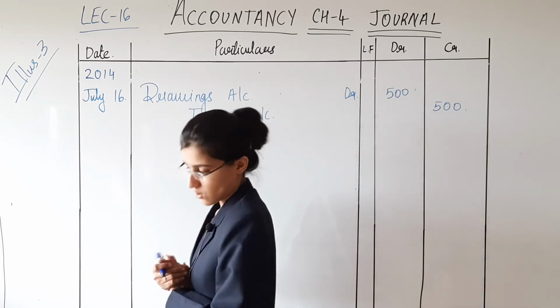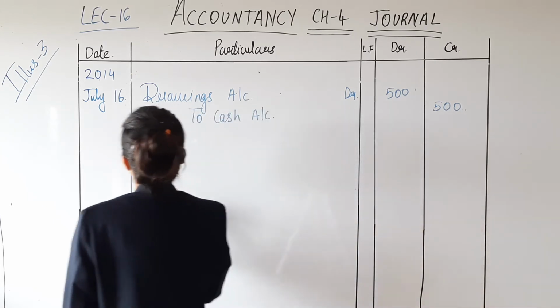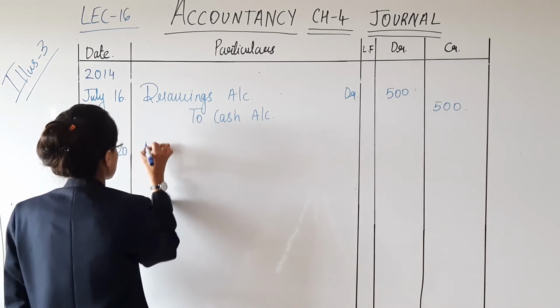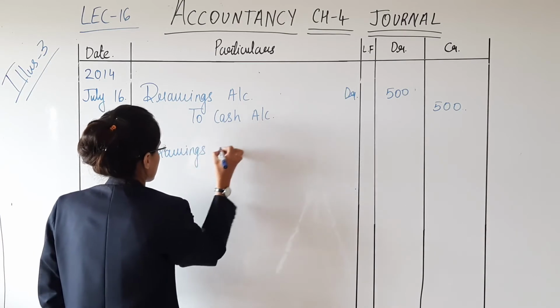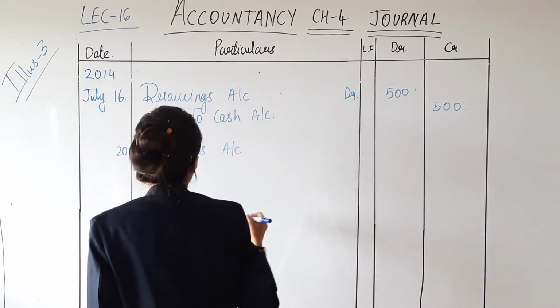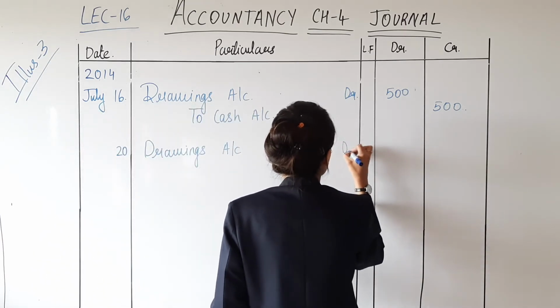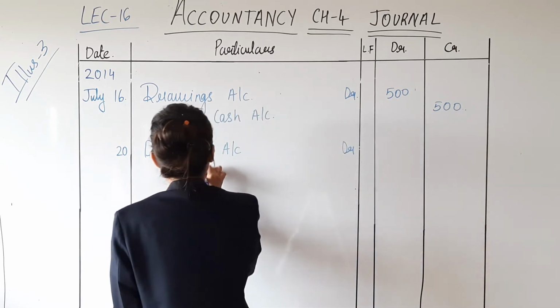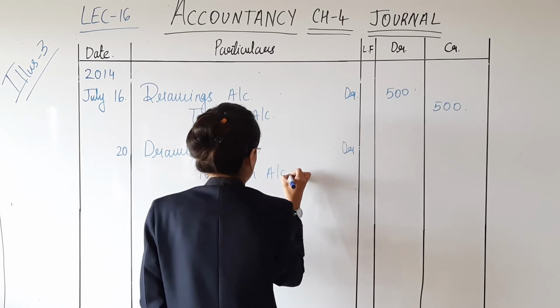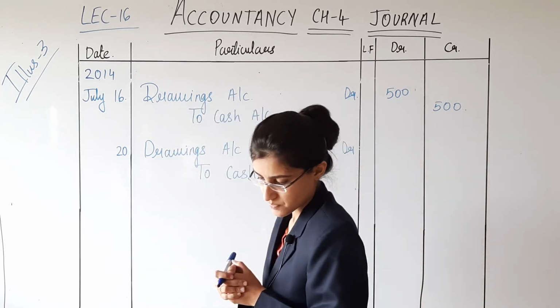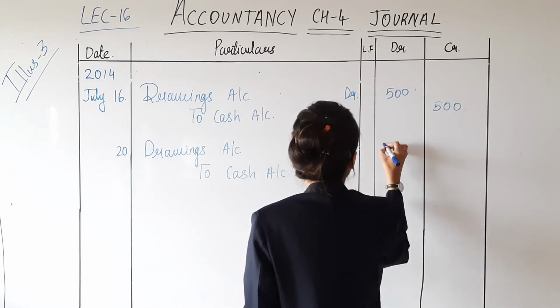Yes, on 20th July. So again this is drawings. So drawings account debit to cash account. How much? 1000.